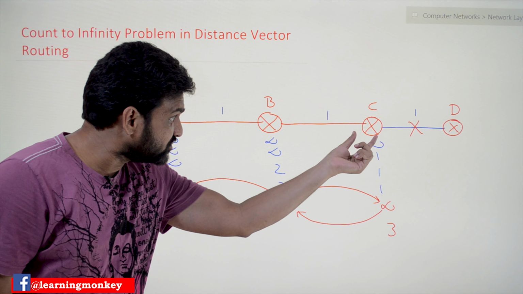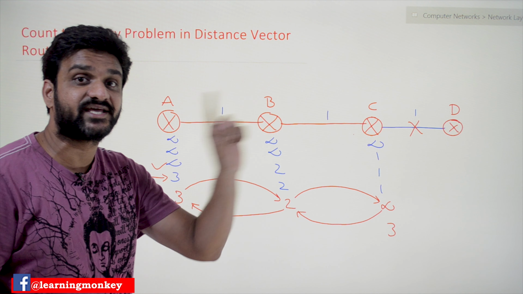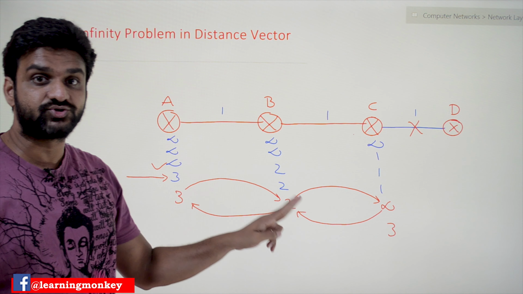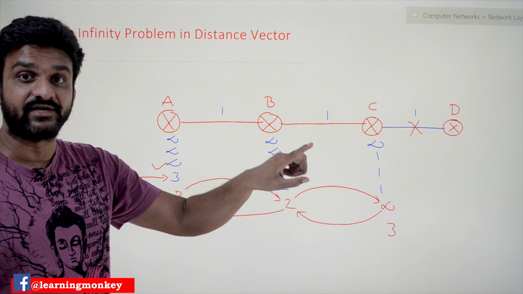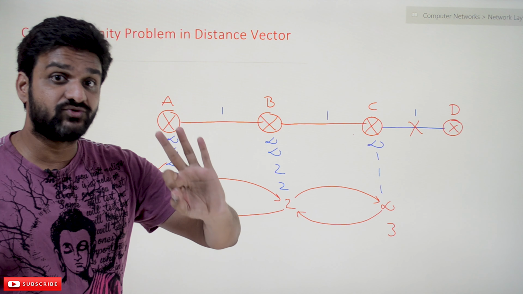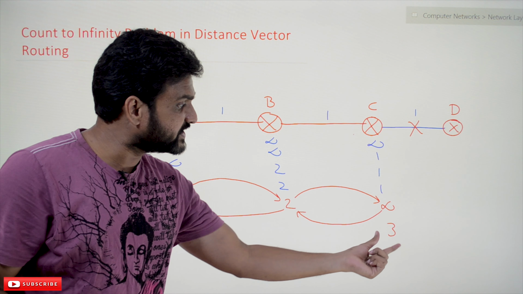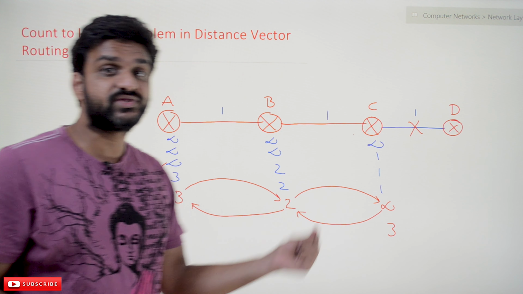For the transmission of data from C to B, it is taking 1. So 2 plus 1: from B to D it is 2, and from C to B it is 1. So the total is 3 units of distance. Now C will update its value to 3.